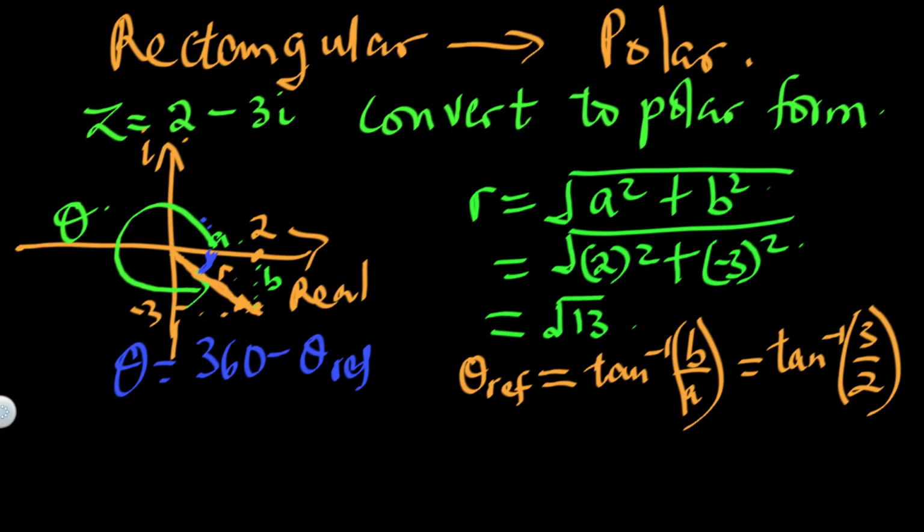I'm going to get my theta in degrees. If you want theta in degrees, make sure your calculator is in degree mode. If you want theta in radians, make sure your calculator is in radian mode. So arctan of 3 over 2, I get theta ref is 56.310 degrees to 3 decimal places.